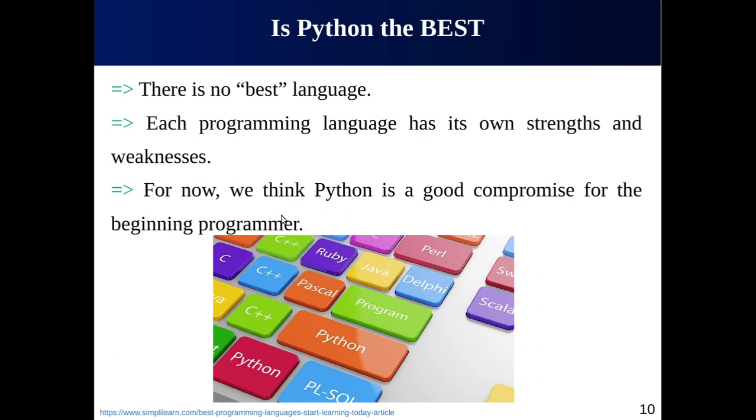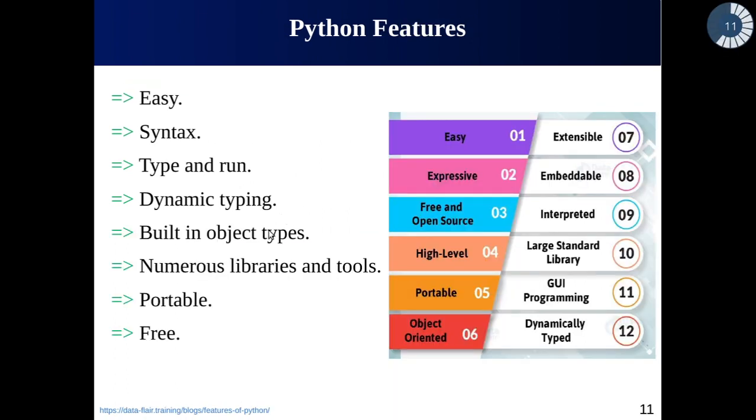Okay, so if we consider it the best language, it must have certain features, and some of the features of the Python language are here. The first and very obvious feature is that it is a very simple and easy language. Easy to learn, easy to understand, and easy to program with. Similarly, Python has a very clear and clean programming syntax.